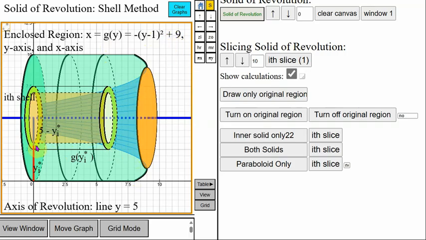To get the height of this shell, we need g of y sub i star, because this is y sub i star. The distance from here to the graph will be g of y sub i star, and that gives us the height of this shell.